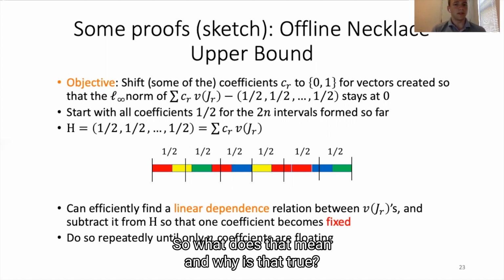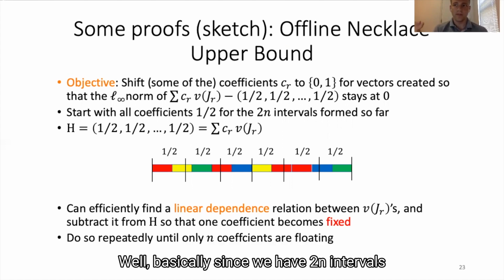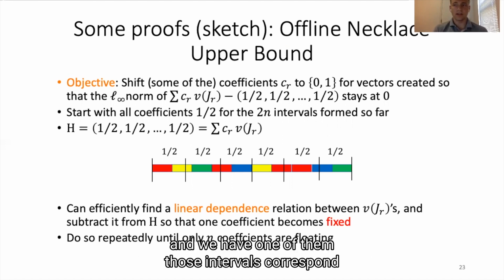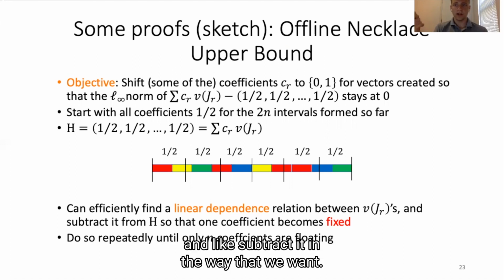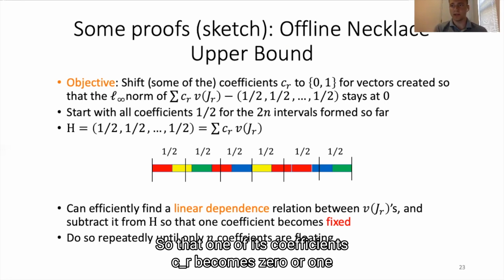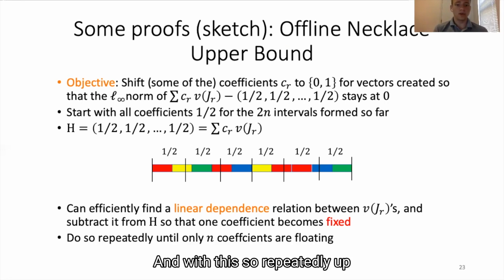So what does that mean and why is that true? Well, basically, since we have 2n intervals and all of those intervals correspond to n-dimensional vectors, we can always find a linear dependence and subtract it in the way that we want, so that one of the coefficients CR becomes 0 or 1. And we do so repeatedly up until only n coefficients are floating.